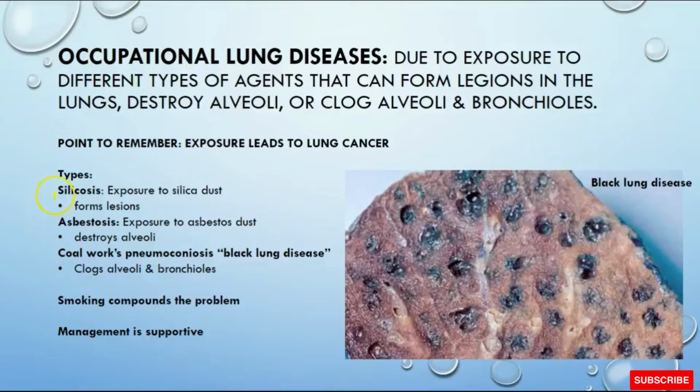The types range from silica and asbestos to coal dust. Smoking can compound the problem, so smoking cessation is important, and unfortunately this is non-reversible, so management is going to be supportive.